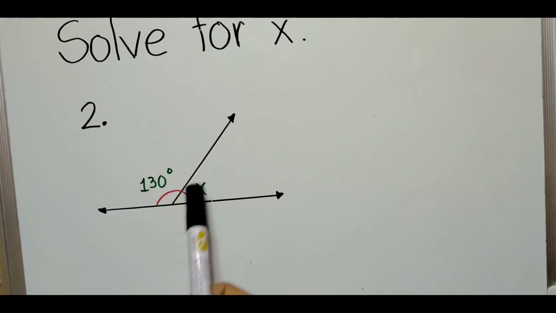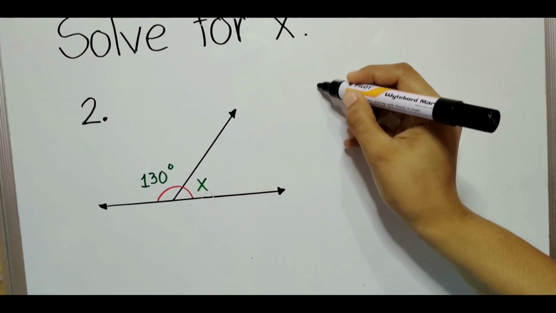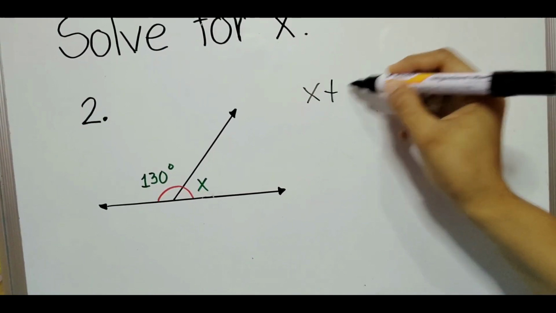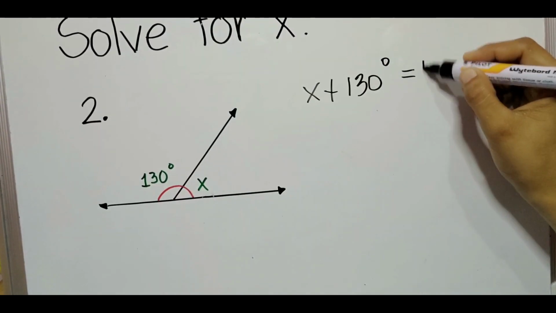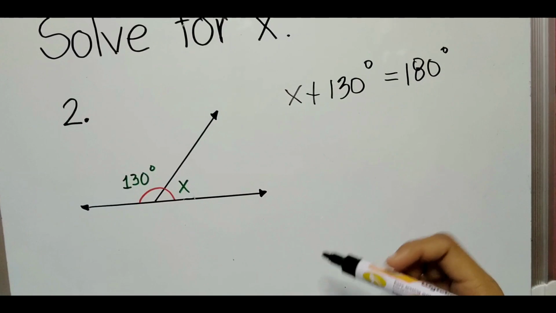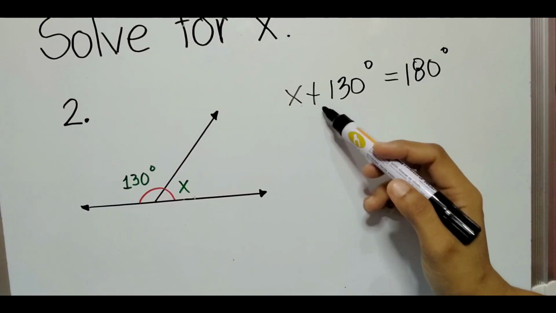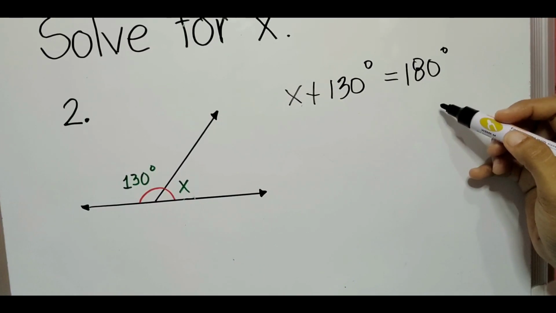So, if their sum is 180 degrees, we will say x plus 130 degrees is equal to 180 degrees. So, we have the equation x plus 130 degrees equals 180 degrees.